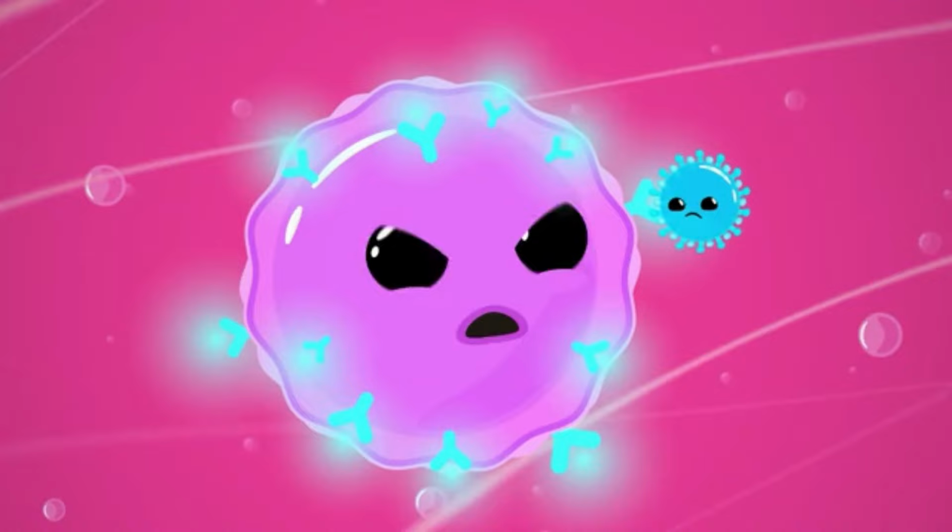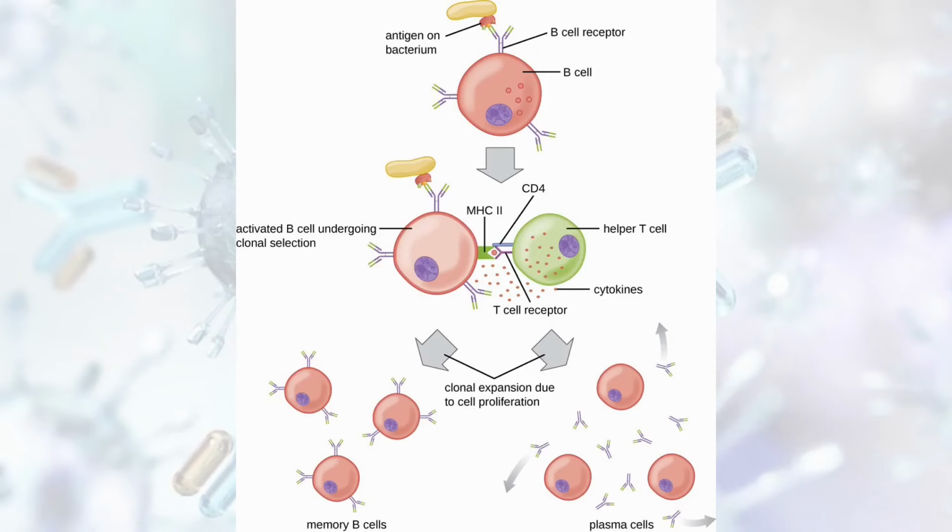And that's how adaptive immunity has memory and is better than innate immunity. If this were innate immunity, it would react the same way, as if it has never seen this antigen before. Every time it reacts at the same intensity. But the adaptive immunity, every time it reacts at a higher intensity.